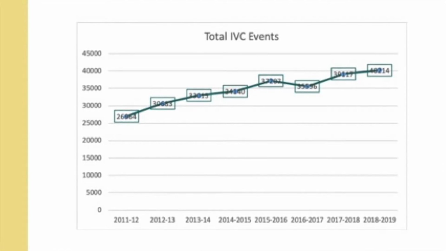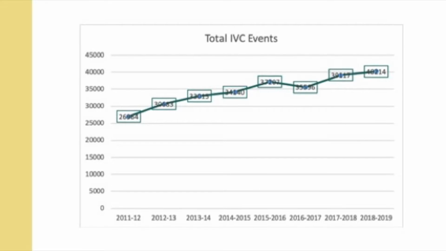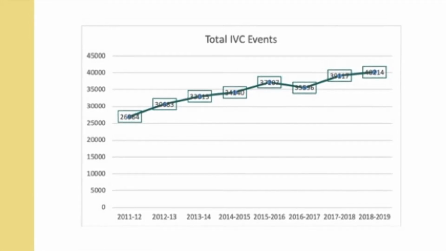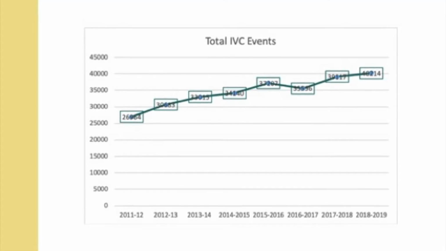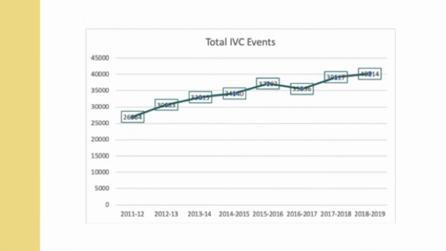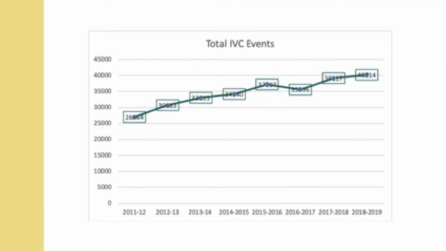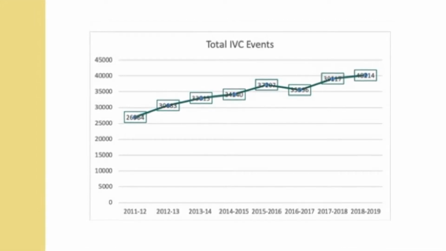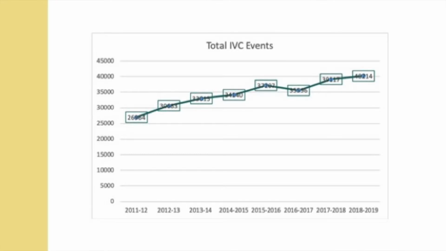These are the number of IVC events or connections that have happened every year between 2011 and 2019. This graph shows a steady increase in the use of IVC across the state, with a small dip in 2016, but a steady increase in the years following. This graph allows us to visualize the growth that the state of Utah is experiencing when it comes to IVC, distance education, and technology in education.